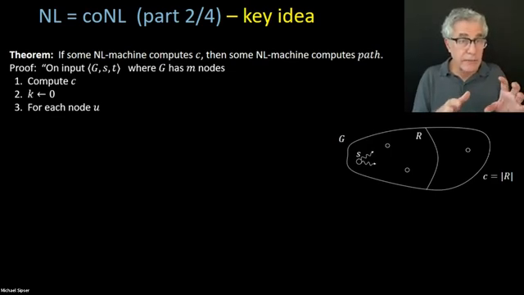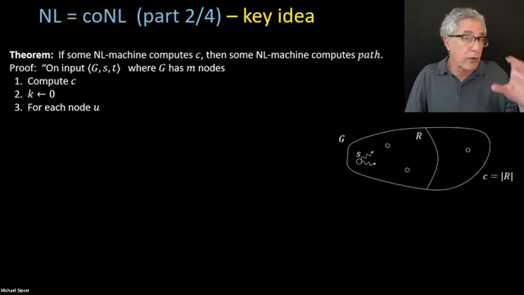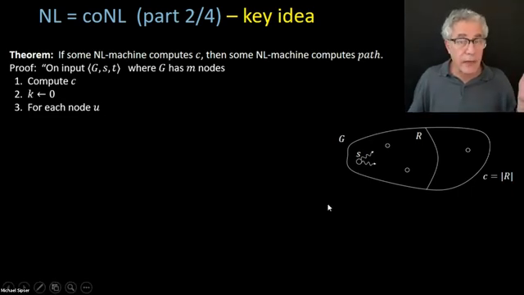In which case you say yes, or is T not one of those 100 nodes? And then you know the answer is no. Because if you've guessed 100 nodes and you know they're all reachable, and you know there are exactly 100 reachable nodes, then every other node is not reachable. So that's the spirit of this, and I'm just going to write that down here in the algorithm.